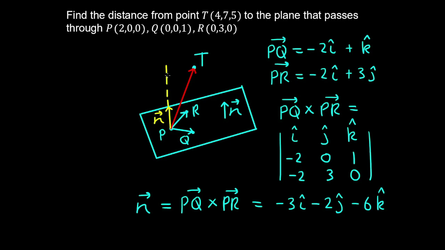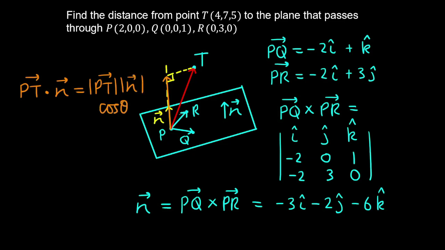So that would give the following vector, and its magnitude can be obtained by taking the dot product between PT and the normal vector, which is the magnitude of PT by the magnitude of n by the cosine of the angle between the two vectors.